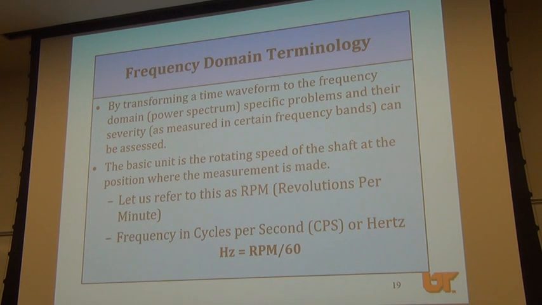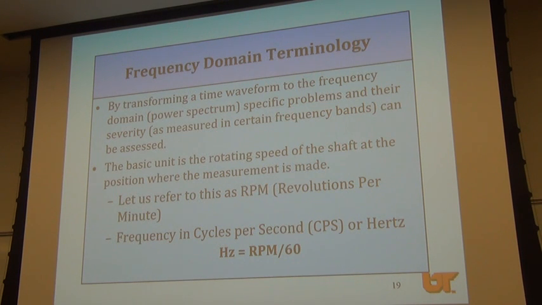Now, if I have a shaft rotating at a certain speed, RPM, revolutions per minute, and I want to convert this into hertz, what do you do? You divide by 60, right? Per minute to per second, you get so many revolutions per second. If the shaft speed is 1200 RPM, what is the frequency in hertz? 1200 divided by 60, or 20 hertz, right?